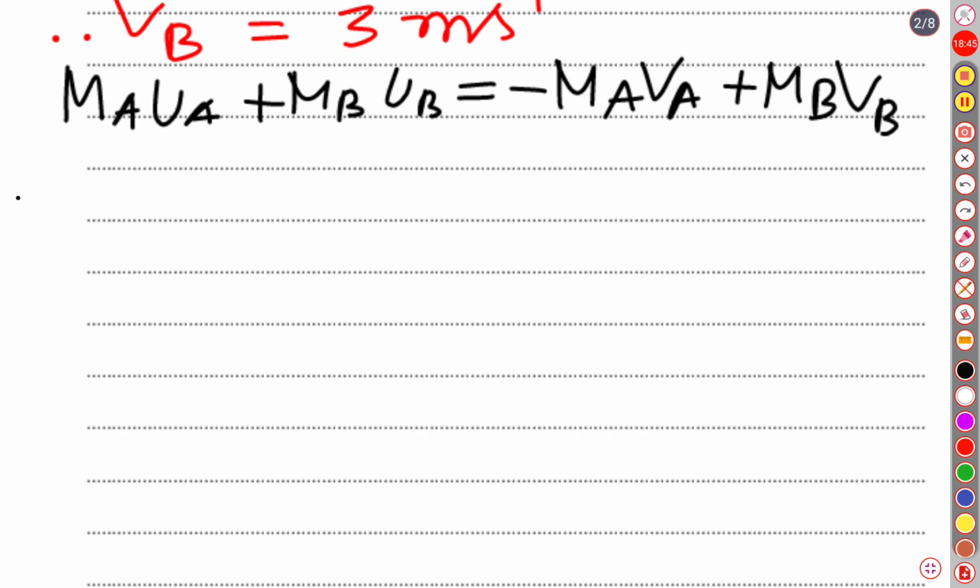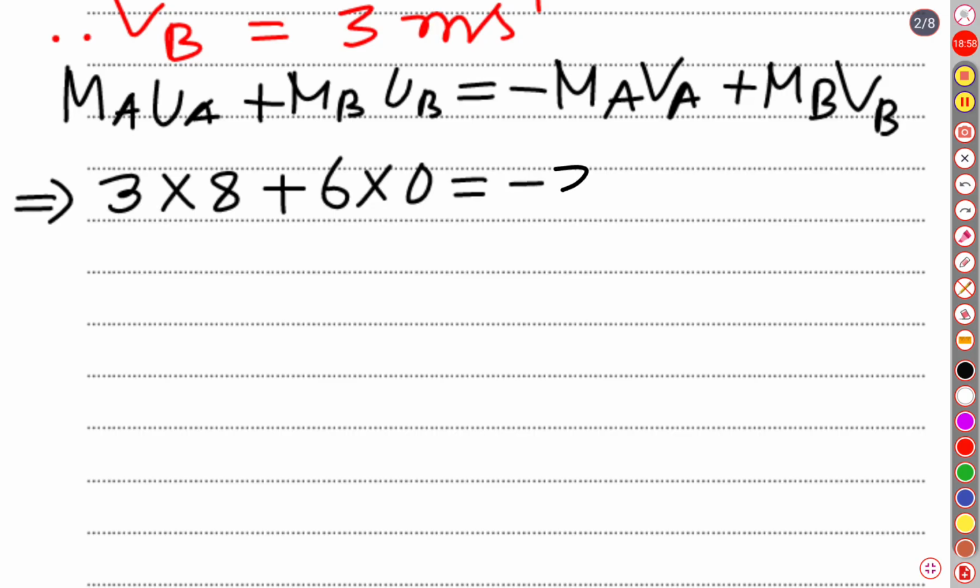Mass of particle A was 3 and initial velocity was 8, plus mass of particle B was 6 and initial velocity was 0, equals minus mass of particle A, 3, and after collision 2 meter per second, plus mass of particle B, 6, and the final velocity after collision is to be obtained.